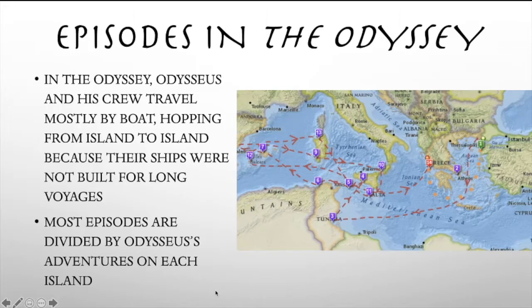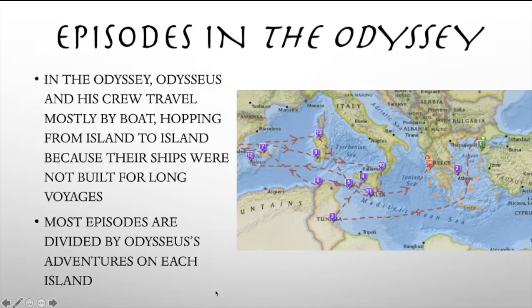The episodes are really divided up by the different destinations that Odysseus travels to. In the story, Odysseus travels by boat. He travels around from island to island. He doesn't have a really large ship where he can travel directly from Troy to his home of Ithaca, and so he has to hop around from place to place.